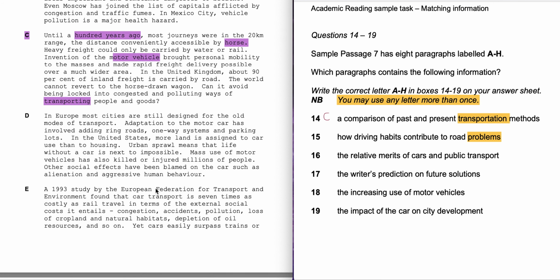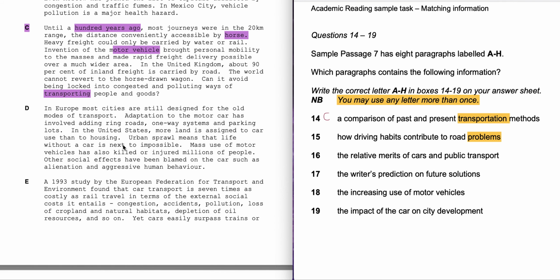So we scan text D. In Europe, most cities are still designed for the old modes of transport. Adaptation to the motor car has involved adding ring roads, one-way systems, and parking lots. So they were saying about all of these modes of transport, adaptation of motor cars.